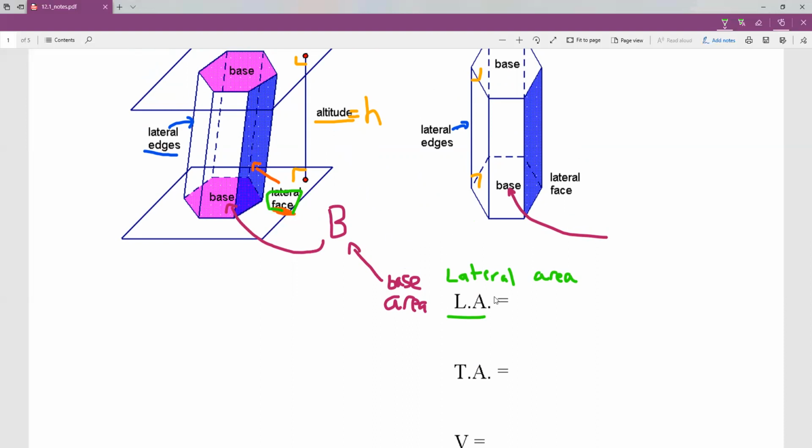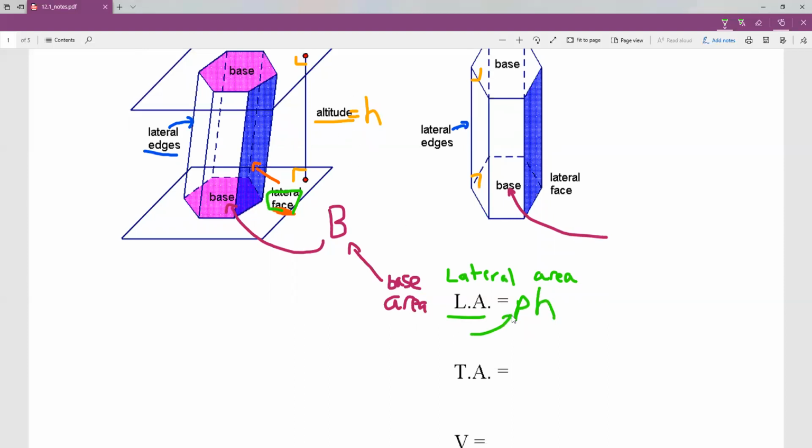There's a couple ways to do this. What you could do is find the area of one face, and if it's a right prism, you could find the area of one face and then multiply it by the number of faces. Or likewise, all you need to do is take the perimeter of the base and multiply it by the height or the altitude.